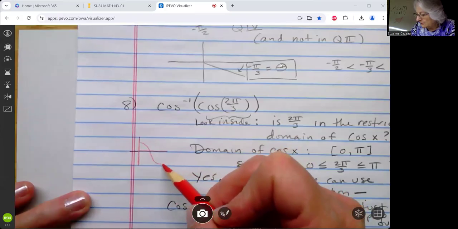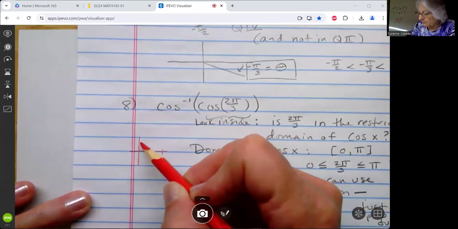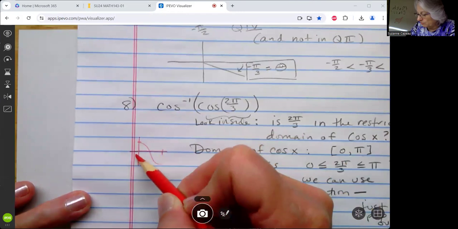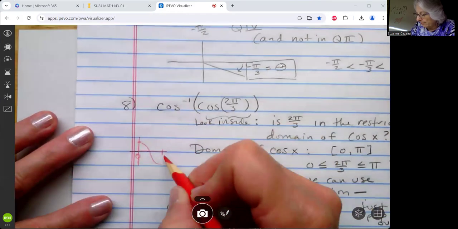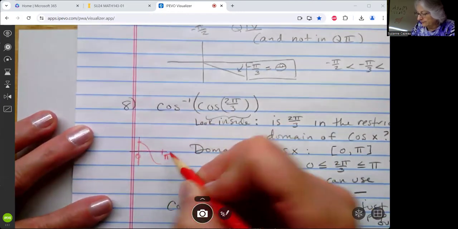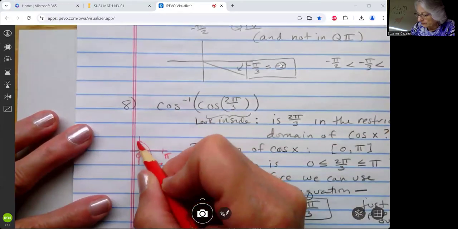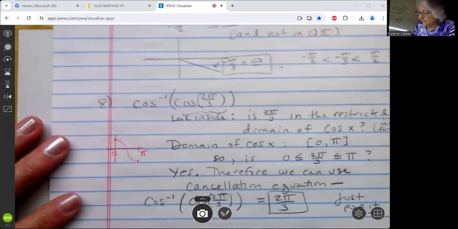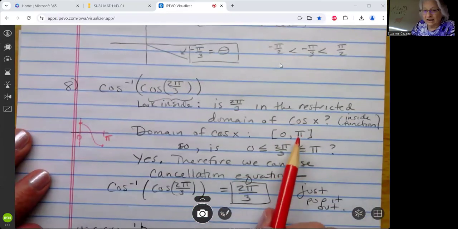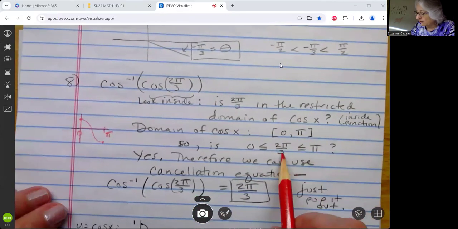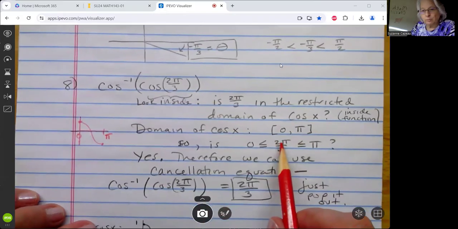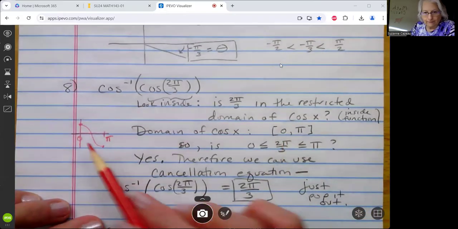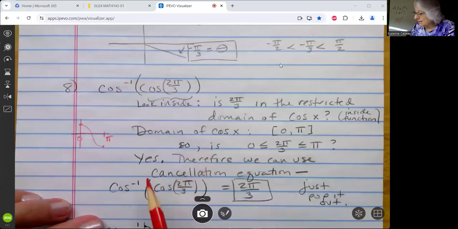It has to be a one-to-one function for the inverse to exist. So it goes from 0 to pi. That's your restricted cosine. Then you say to yourself, is 2 pi over 3 in there? And the answer is yes.